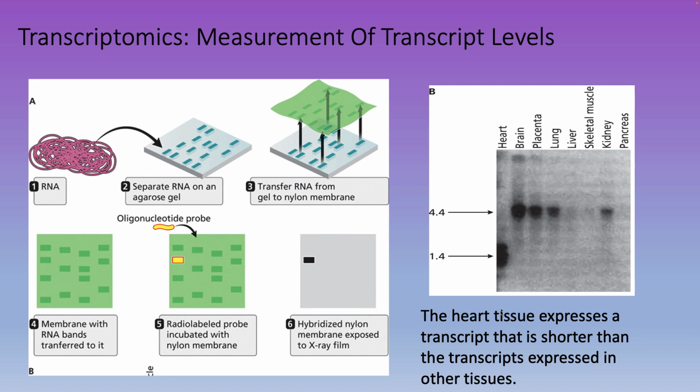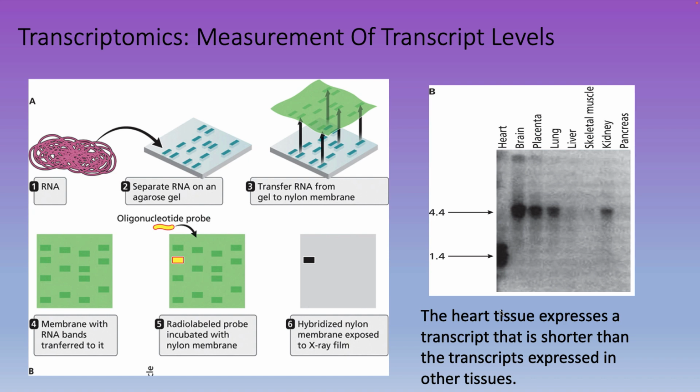There's not a whole lot of nuclear run-out experiments done these days, so they're not as commonly used, except with some specific techniques. But northern blots are still sometimes implemented, and basically the process was you would take RNA, separate it on an agarose gel, transfer it to a membrane, and then you would use a radio-labeled probe to identify different things on that membrane.